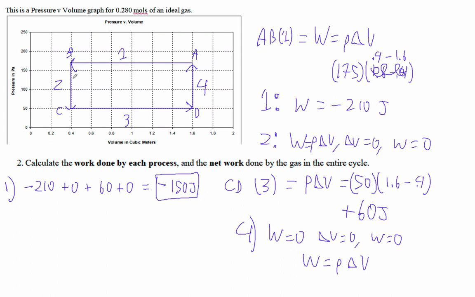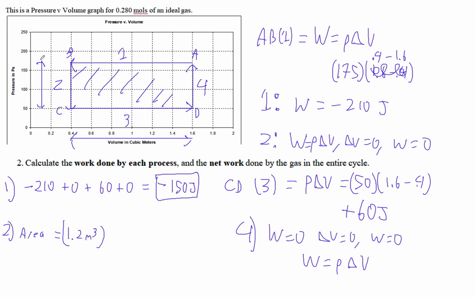Remember, the other way to do this is to find the area inside this. So area is equal to the length times the width. The length of this is 1.2 cubic meters, this dimension here. And then the width of this thing is, that's a hard word for people that don't speak English to say, width.